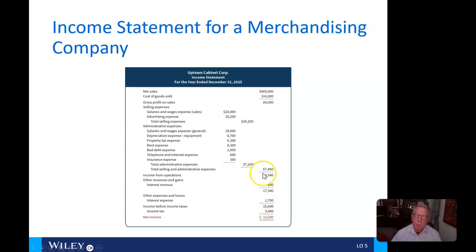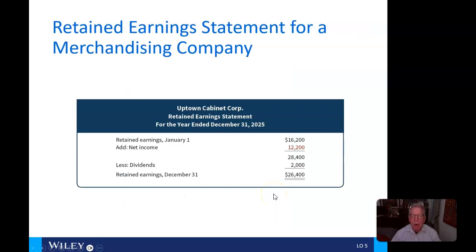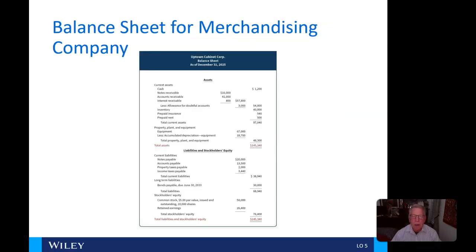So that's a much more complete income statement, and I think reflects more reality of what you'll see in the real world. So now retained earnings done very simply. We bring the net income over that we just calculated, subtract out our dividends like we've been doing, and we prepare our balance sheet.